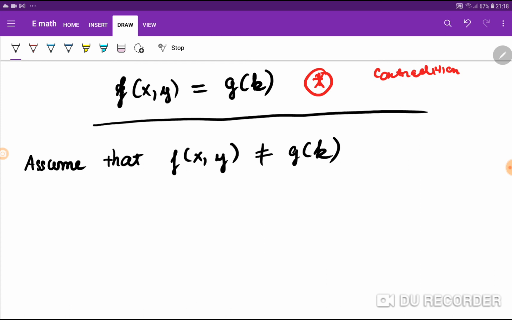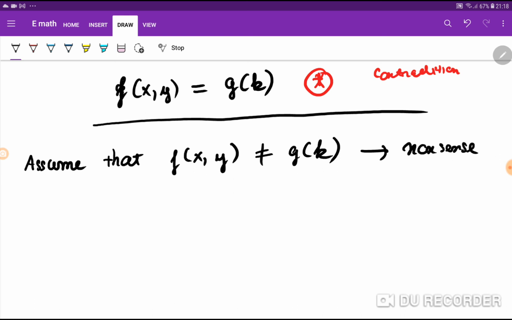If this statement leads to something nonsense, we will conclude that this statement is false, which means that f(x, y) different from g(k) is false, which means that f(x, y) will be equal to g(k).